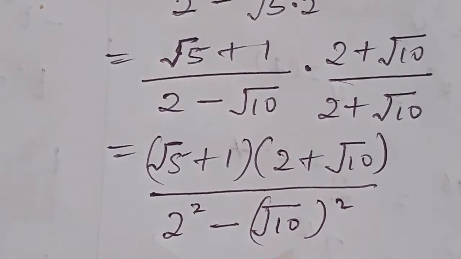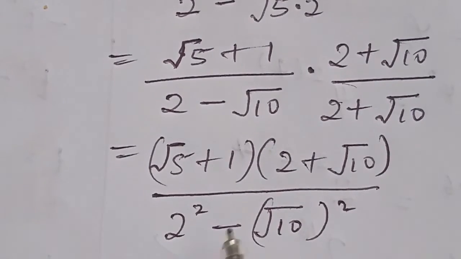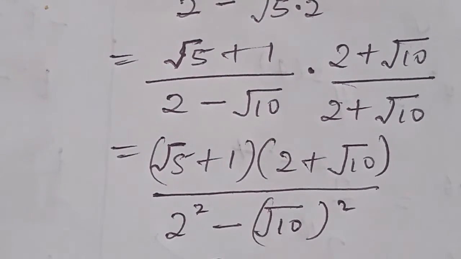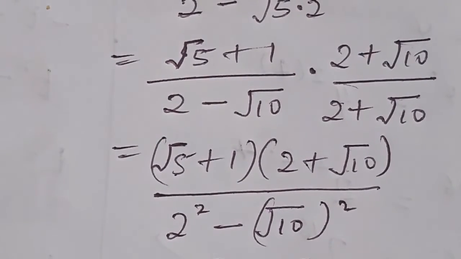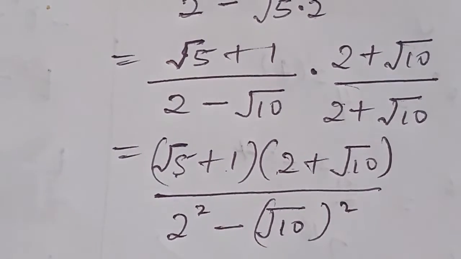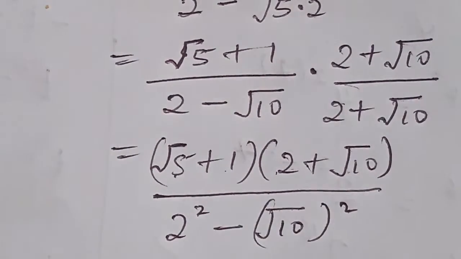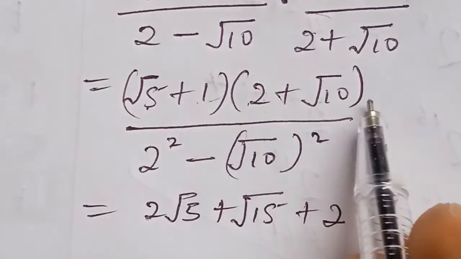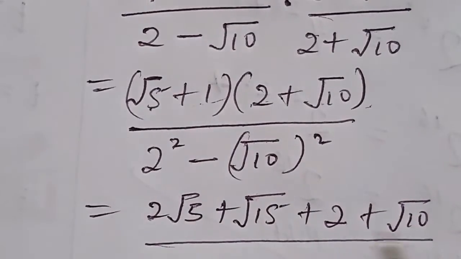this is equal to, expanding the numerator, we have this multiplied by this, we have 2 square root of 5, then plus square root of 5 multiplied by square root of 10, that is square root of 15, hmm, then 1 multiplied by 2, we have plus 2, then 1 multiplied by square root of 10, so we have plus square root of 10, everything over.